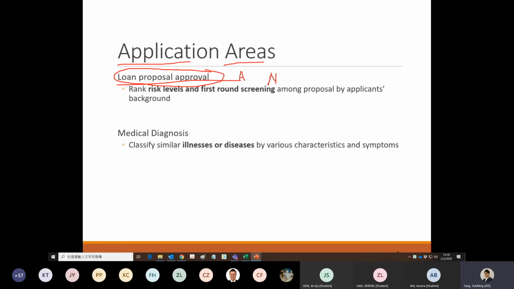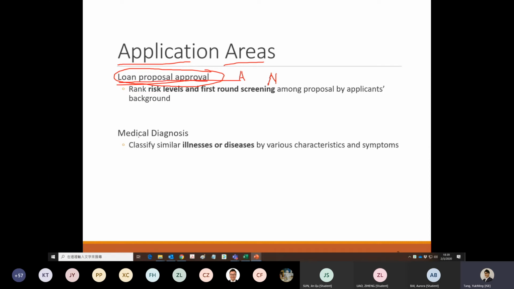They make the decision: approve or not approve. In this case, they use the decision tree algorithm. This is real. This is actually how the bank decides whether to lend money to you or not. They really apply the decision tree to decide whether they are going to lend money to the customer.